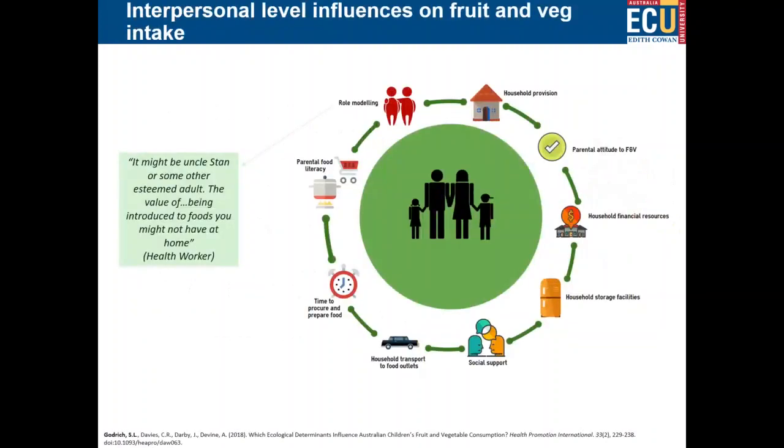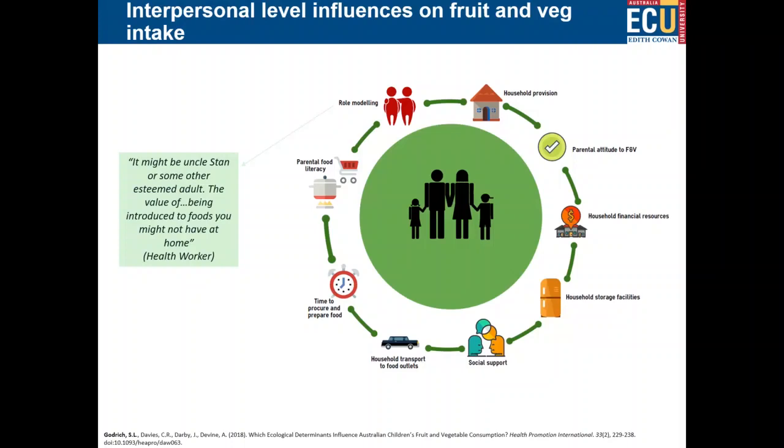These strategies support individual level consumption of fruit and vegetables. The interpersonal level influences were things like role modeling, household provision, parental attitude, household financial resources, storage facilities, and so forth. A key finding here was with regards to role modeling.